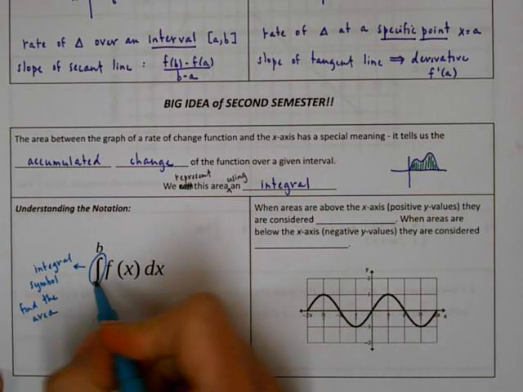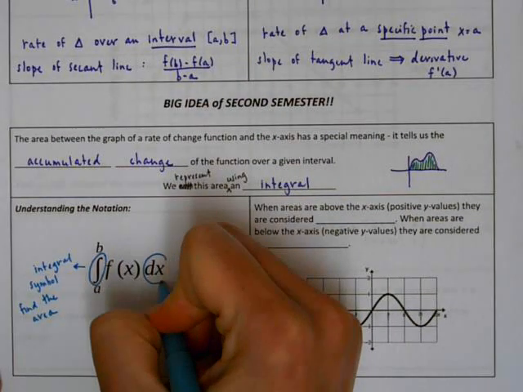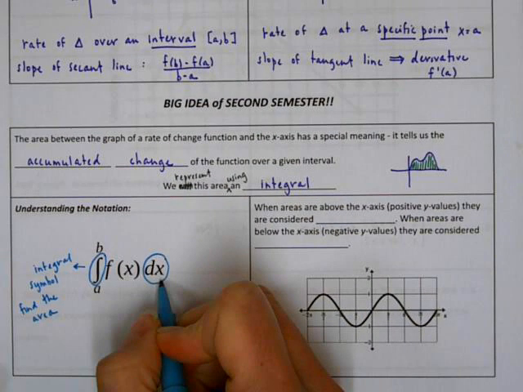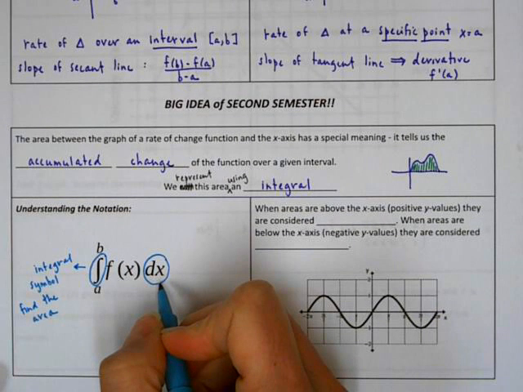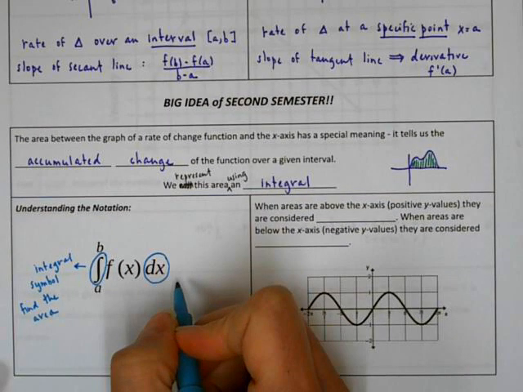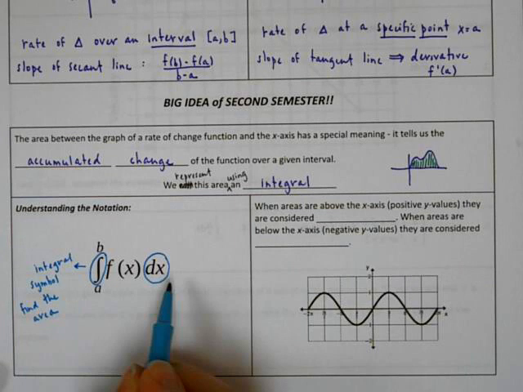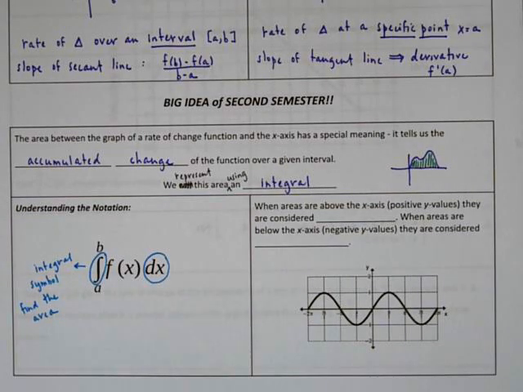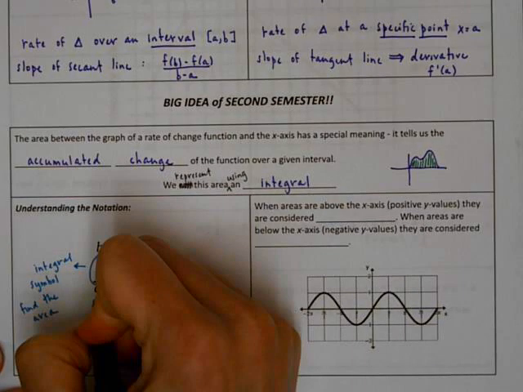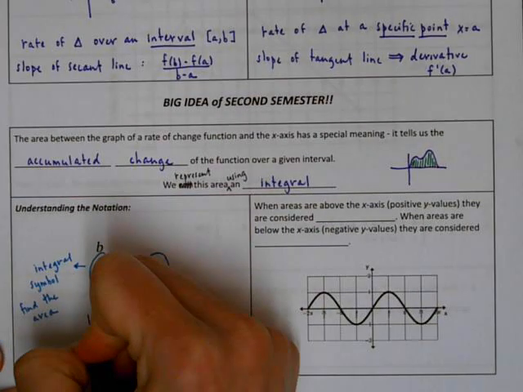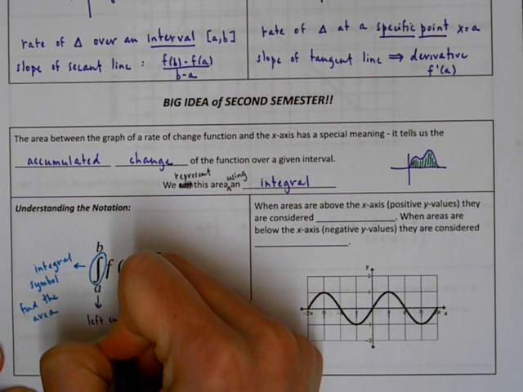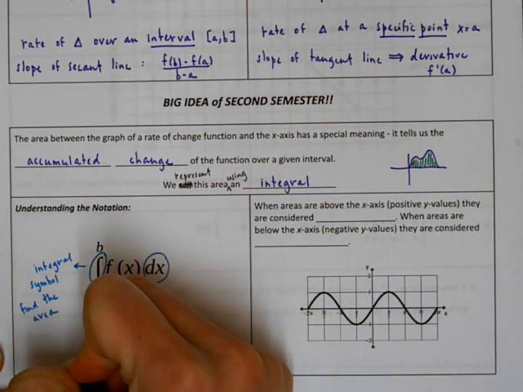The other thing I want you to know is this integral symbol and this dx always have to go together. Think of them like parentheses in an expression. One starts the expression and one finishes it. So those always need to go together. Now, this a is the left endpoint of my interval.